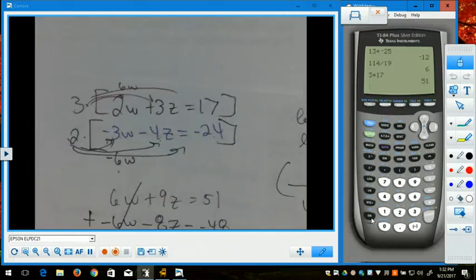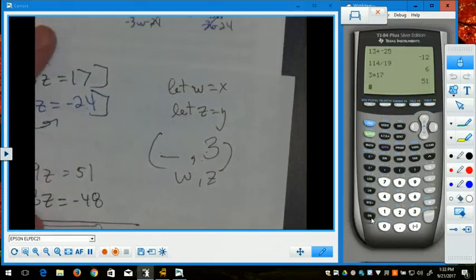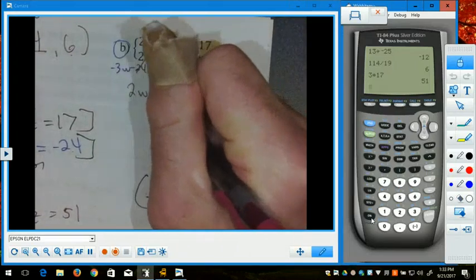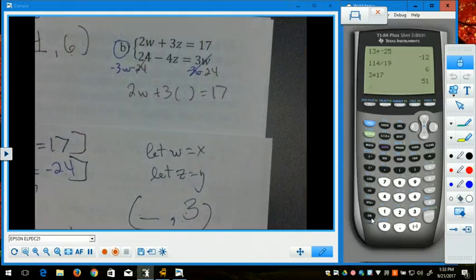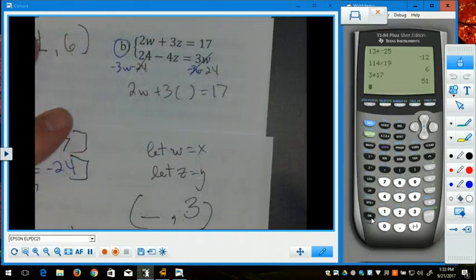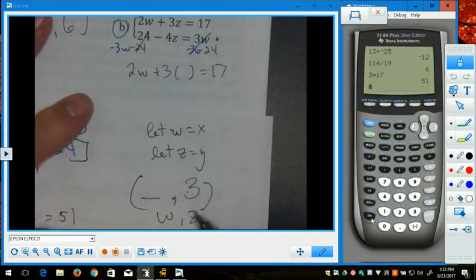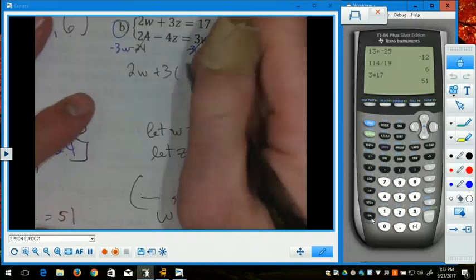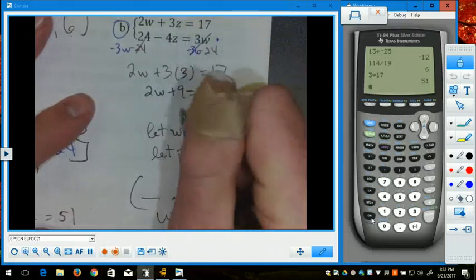So I go back to my original equations. In my original equation, I have 2w plus 3 times z equals 17. And in the bottom equation, which I'll check in a second, that's the one I'm going to check last. So I've got 2w plus 3 times z is 3, so I can plug 3 in. So this is 2w plus 9 equals 17.